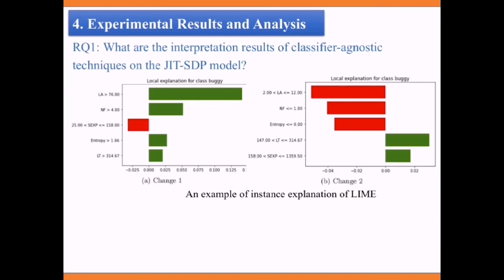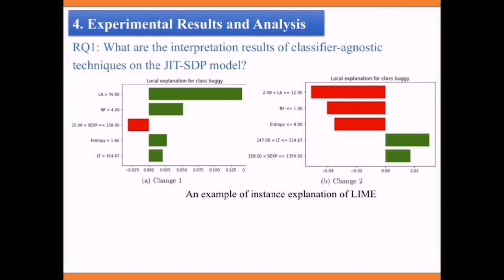These 2 instances are accurately predicted as buggy changes by the prediction model and have defect probabilities of 92% and 71% respectively. The figure shows the visual interpretation generated by LIME for change 1 and change 2.